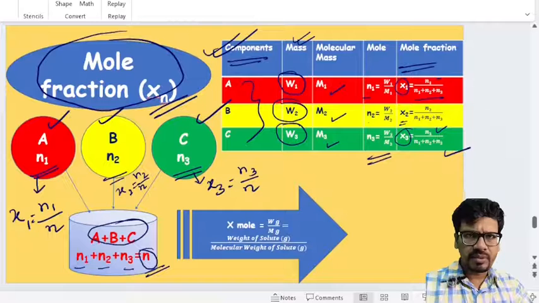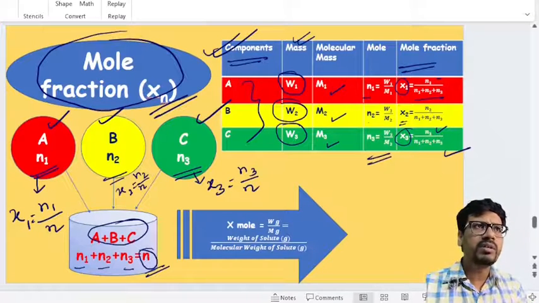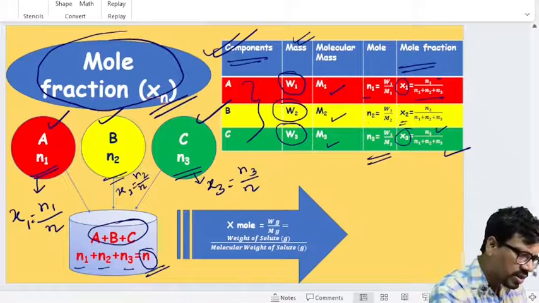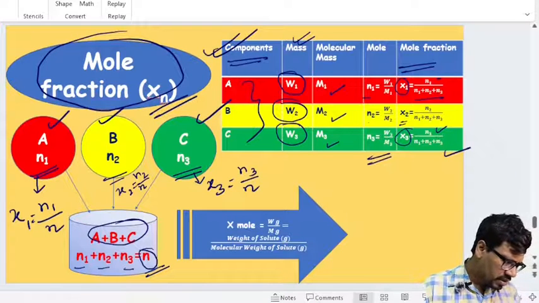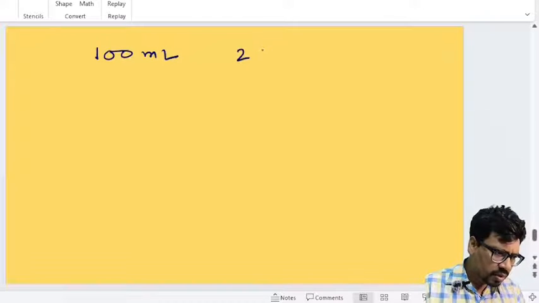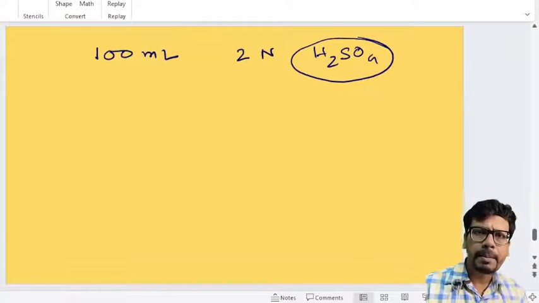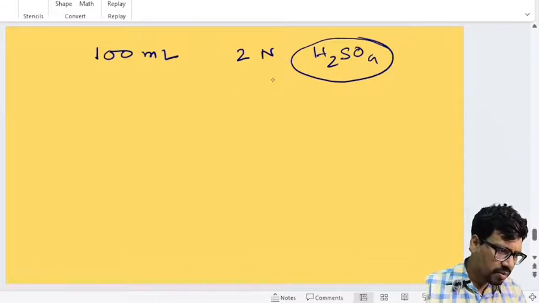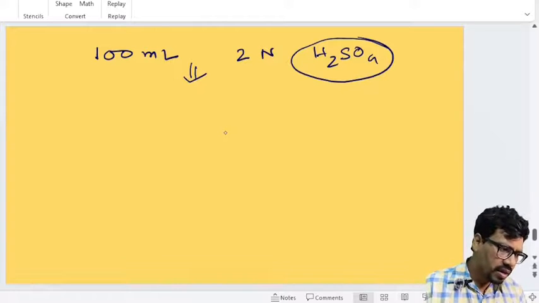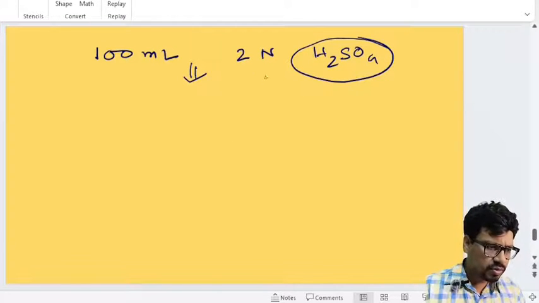So in normality, say for example, there is 100 ml of 2 normal H2SO4.